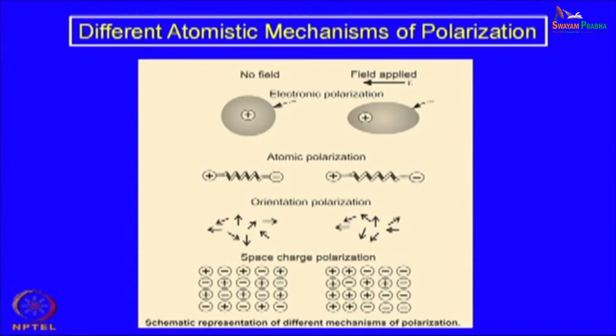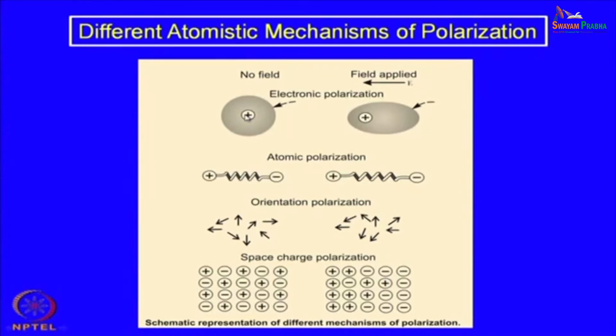Each atom has a positive core or a nucleus around which there is an electron cloud. So, that is the ion core, and around that is the electron cloud. So, this is negatively charged and the center is positively charged.